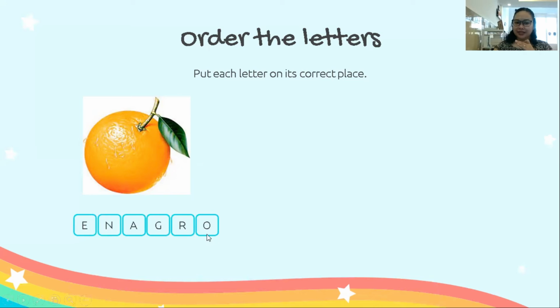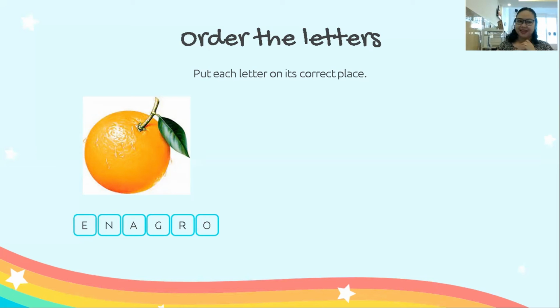These are the letters. That means you have to spell it correctly. You have to write the correct spelling for orange. So write your answers on your board. You start now.